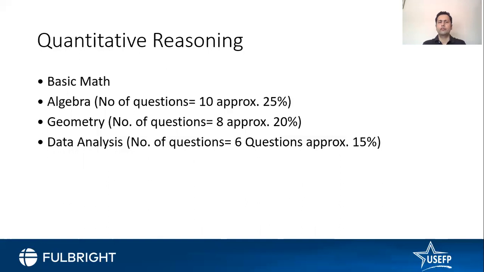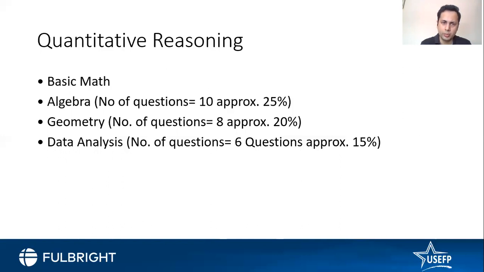Now, the breakup of the math section. The quantitative reasoning section has basic math. Basic math is mathematics which only has numbers in it. There are no variables. The question or the word problem has numbers in it. Algebra is when the question has variables in it.